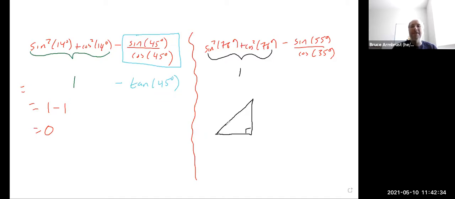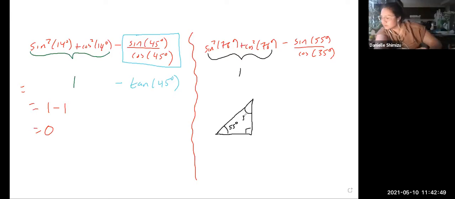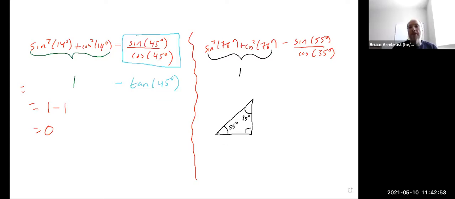Okay, so here, just think about this. If, let's say, this was 55 degrees, what's the other angle in the right triangle? 35 degrees. So these are what we call complementary angles.